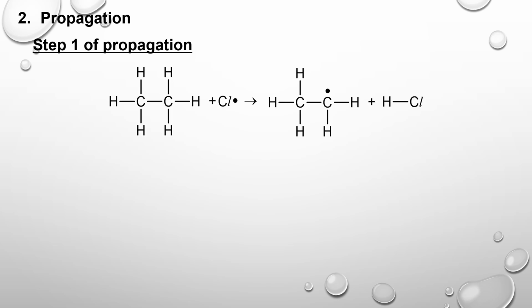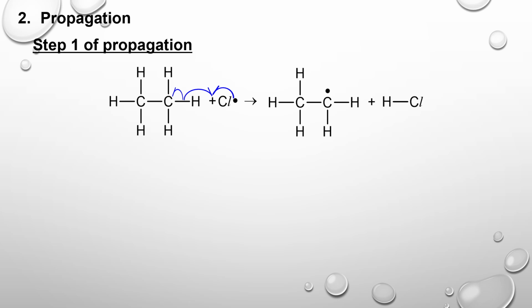So this radical will react with which species? The radical will react with, in this case, your ethane molecule. So you will have the radical reacting with your ethane molecule and one of the C-H bonds will break to form your ethyl radical and your HCl molecule. Like mentioned, it's not good enough just to show me the equation. You have to show me the arrows.